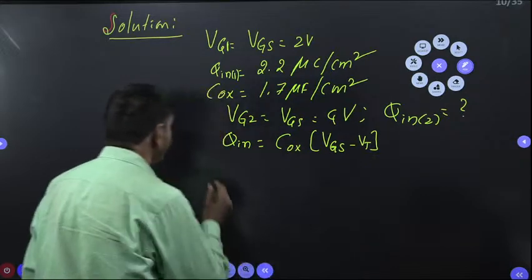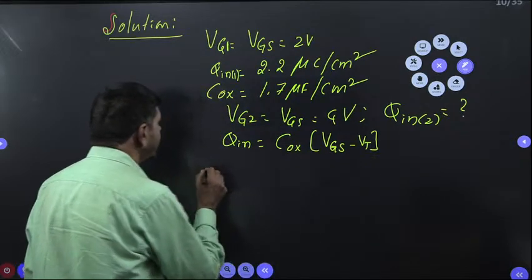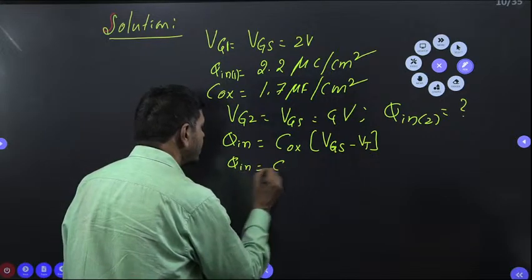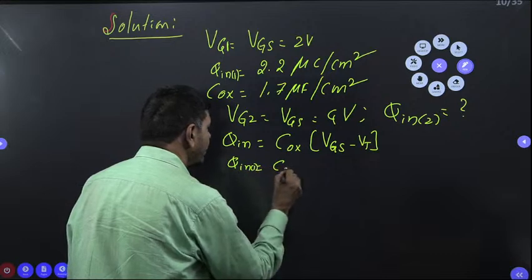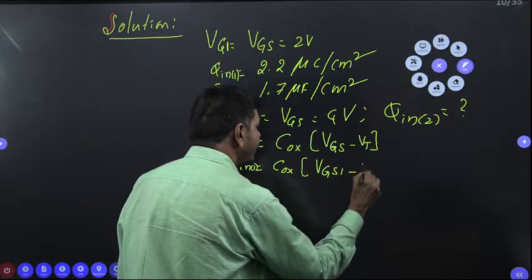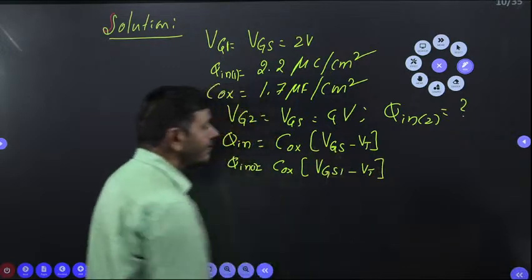Initially I would like to find Qin1 equal to COX into VGS1 minus VT. That I have taken now.